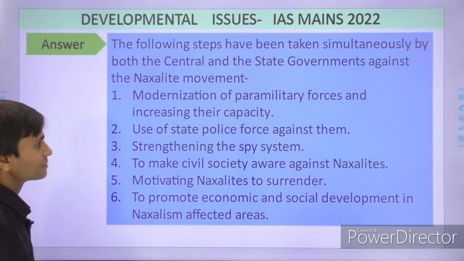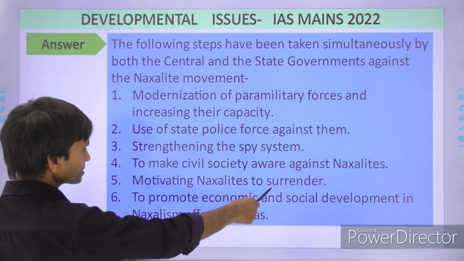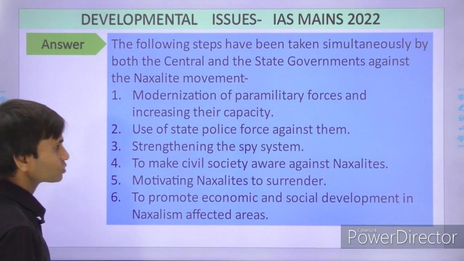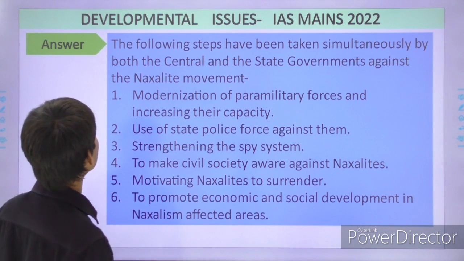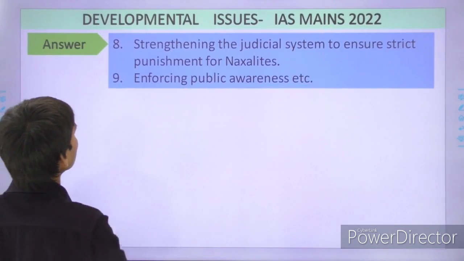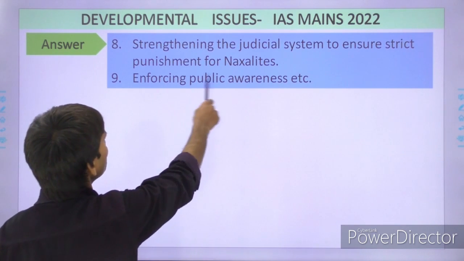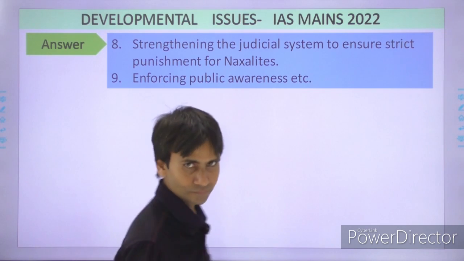Fourth, making civil society aware against the Naxalites. Next, motivating Naxalites to surrender. Next, promoting economic and social development in Naxalism-affected areas. And the remaining part, strengthening the judicial system to ensure strict punishment for Naxalites, enforcing public awareness, etc.